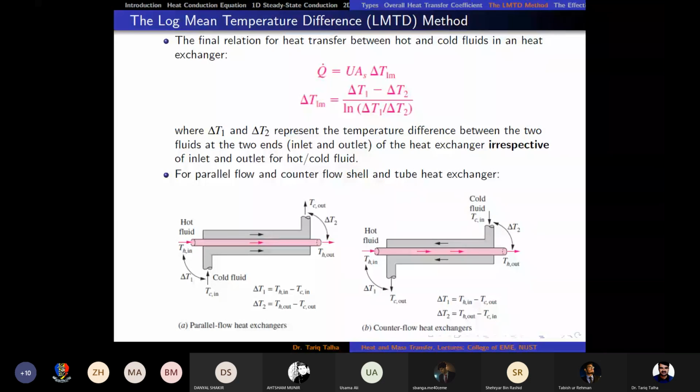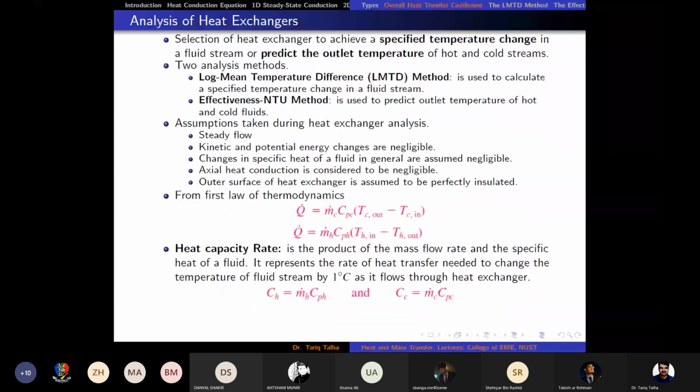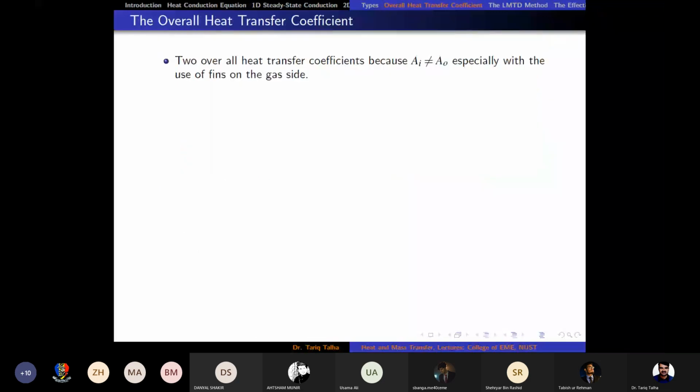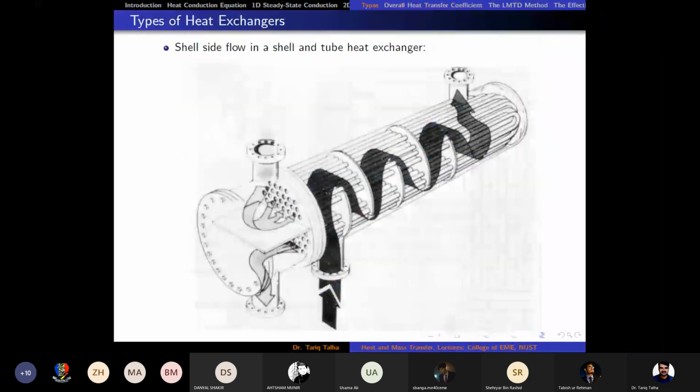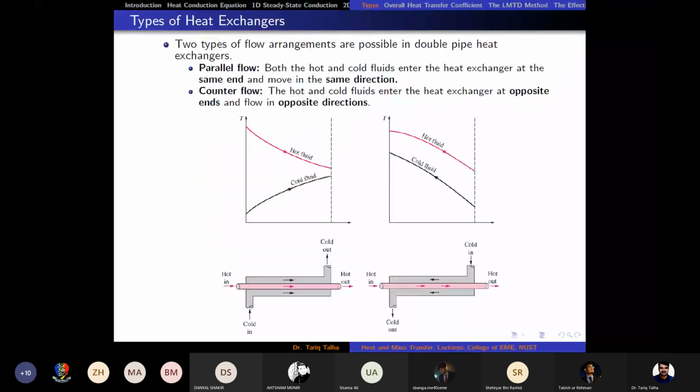The reason is that if you look at the temperature profile for both cases, as we discussed in the beginning, if I go there, here the temperature change is rapid in the beginning, but as we move along the tube length it decreases very rapidly.